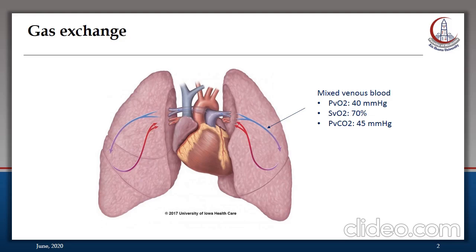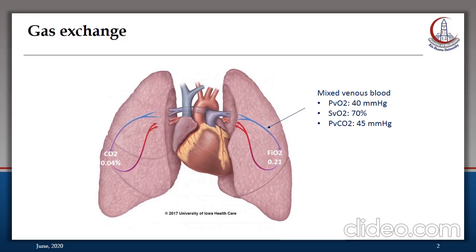45 millimeter mercury. Then the blood passes to the pulmonary vascular bed or pulmonary capillaries surrounding the alveolar spaces, where gas exchange takes place between the gas in the alveolar space and the blood in the pulmonary capillaries.